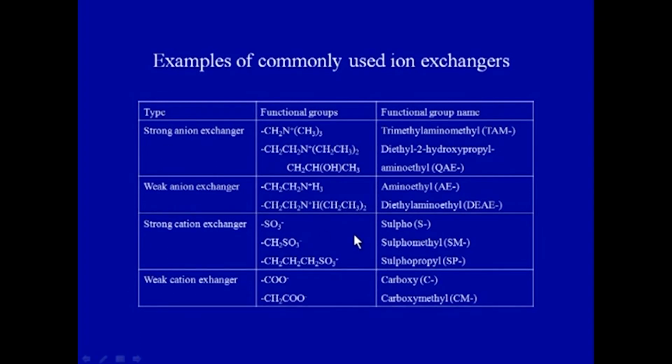Then there are strong cation exchangers, like the sulfo groups, sulfomethyl or sulfopropyl. Likewise, weak cation exchangers include those which contain carboxy or carboxymethyl groups. So, these are some examples, there could be many more weak and strong anion and cation exchangers.